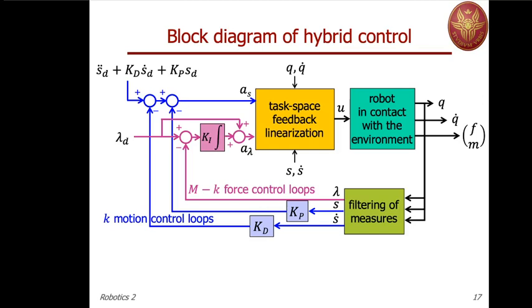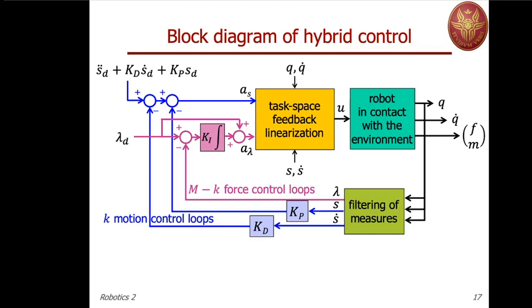Now, however, these are not the quantities that you're interested in. Because of our parametrization, our outputs are in fact lambda and S, the ones that are outside the filtering of measurement. So the open loop system goes from, let's say, the 6 torques u generated by the motors to the 6 quantities, in fact m equals 6 in general.